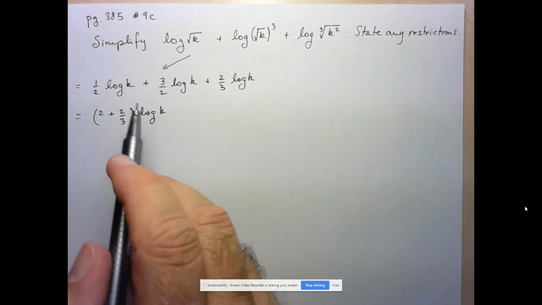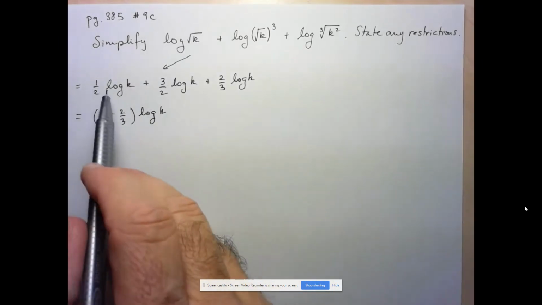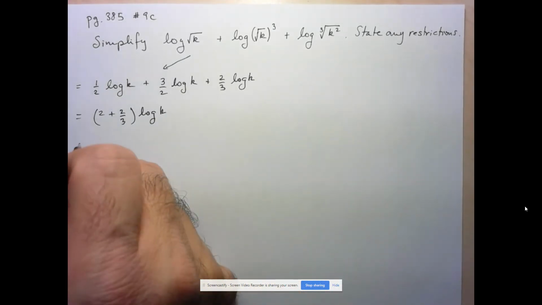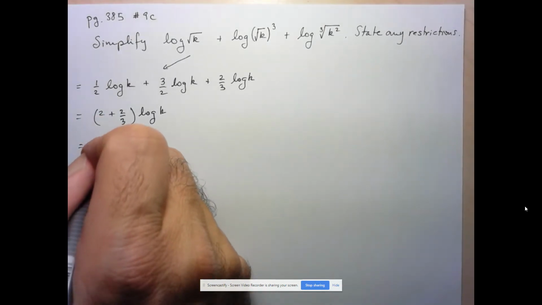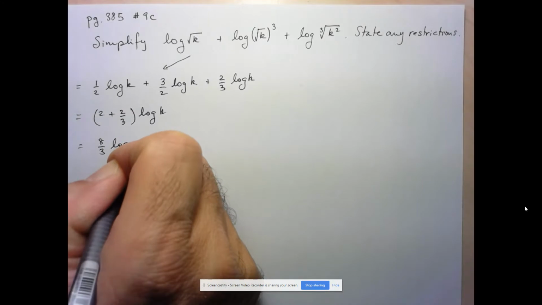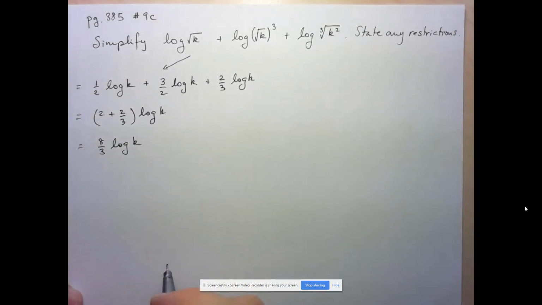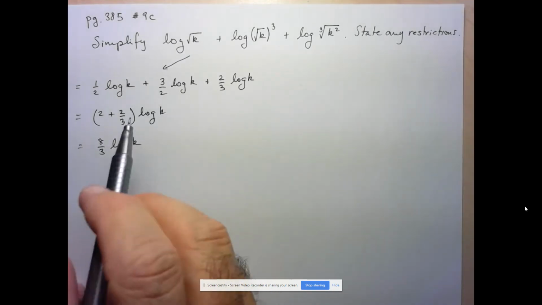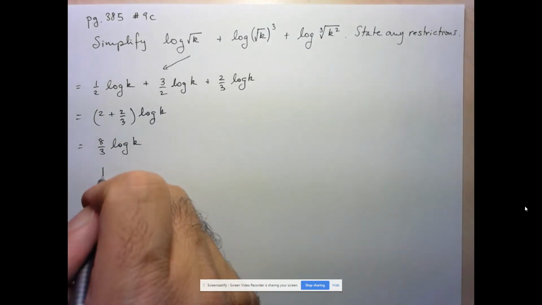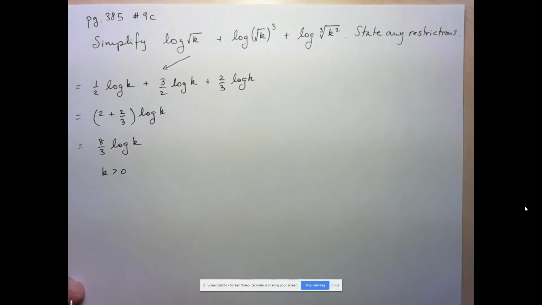I could also think of it as factoring out log k. Same thing. And then 2 plus 2/3, well, this is 6/3 plus 2/3 is 8/3. And when I look at the final expression, I see log k, well, k here clearly has to be greater than 0.